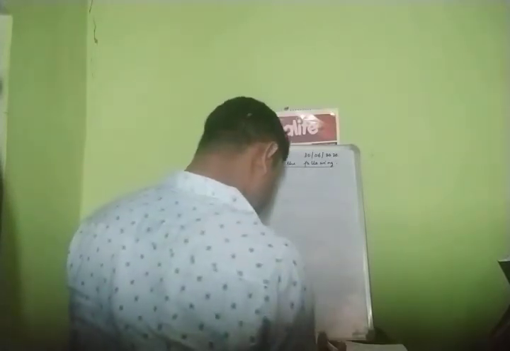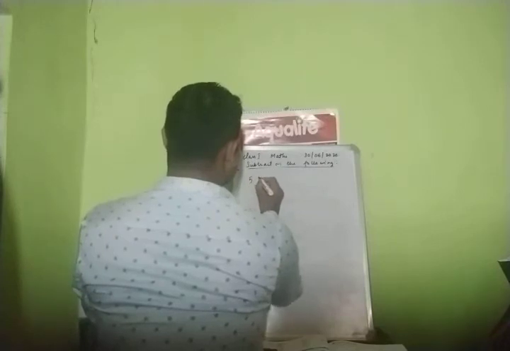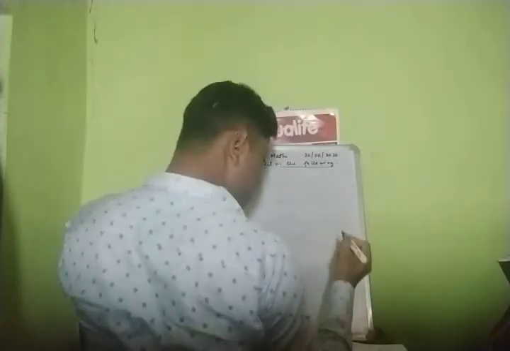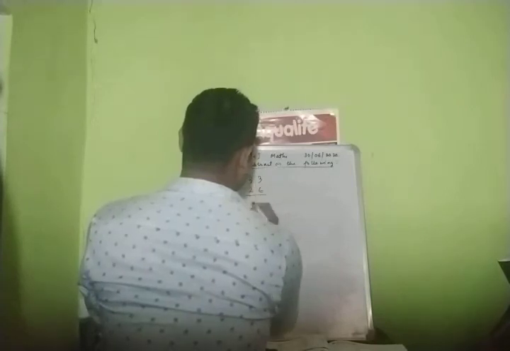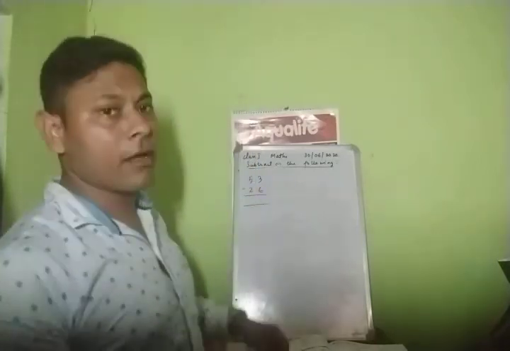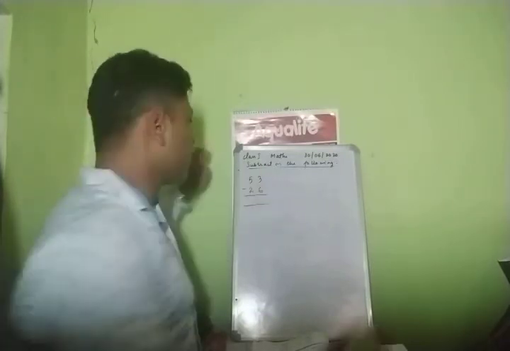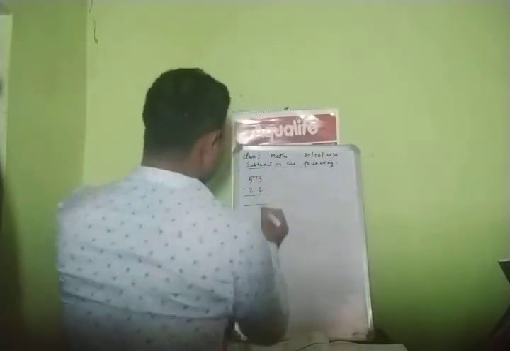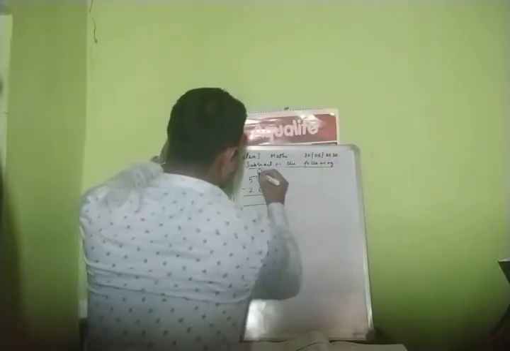Okay. Next question you see. 53 minus 26. Okay. From 6, can you count till 3? No, not possible. So what do you have to do? Borrow. And see, I have left one gap here. So 1, 3, 13. And from 5 you give 1.